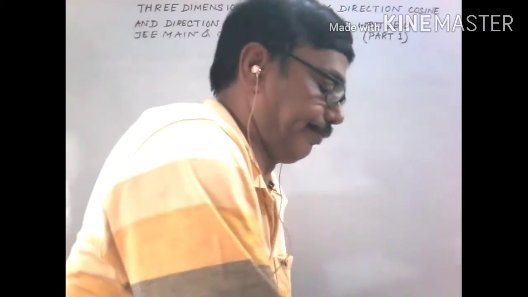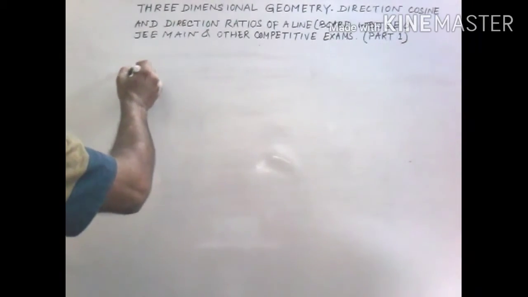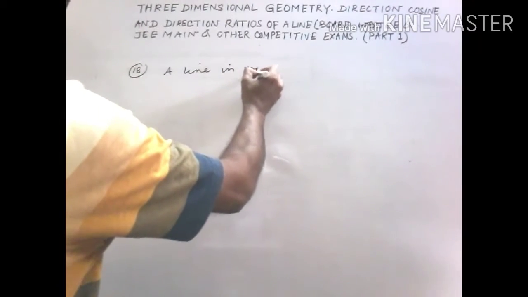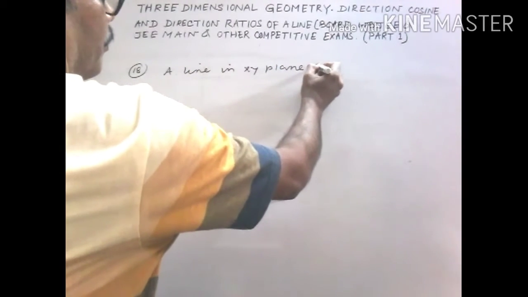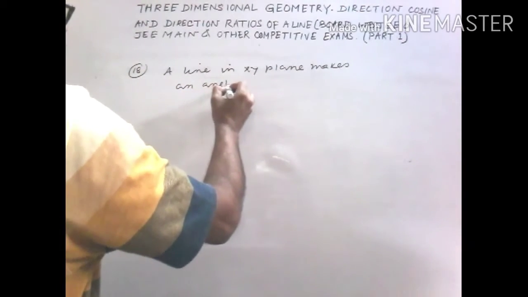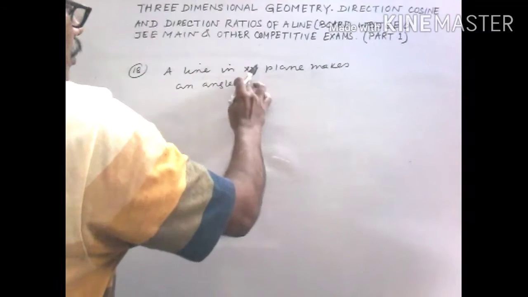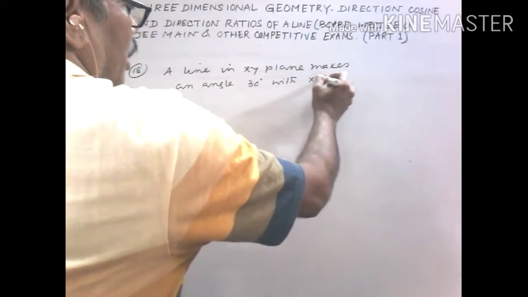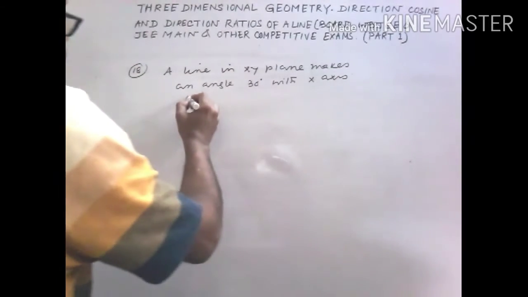Next, a line in the xy plane makes an angle of 30 degrees with the x-axis.